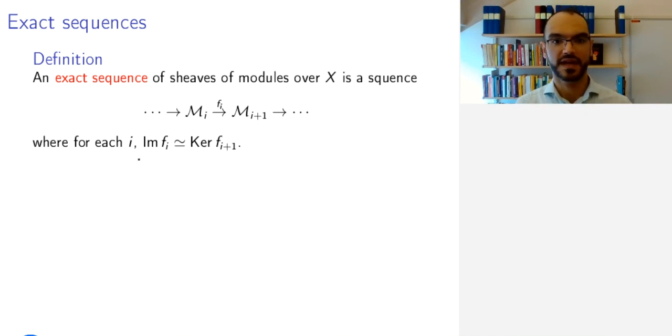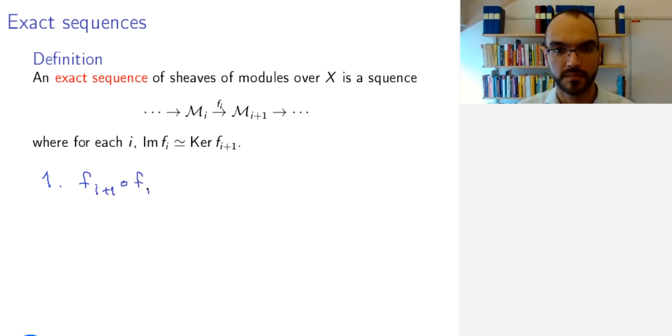And this is called exact if for each i, the image of f_i is isomorphic to the kernel of f_{i+1}. This needs a little bit of unpacking. So first of all, what we require is that the composition is the zero map.